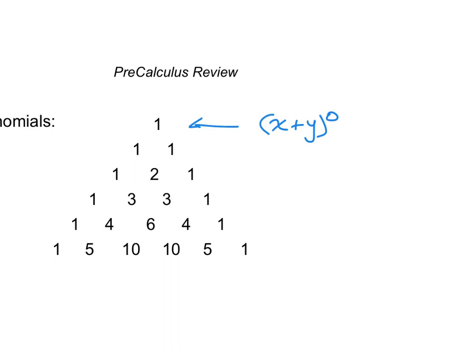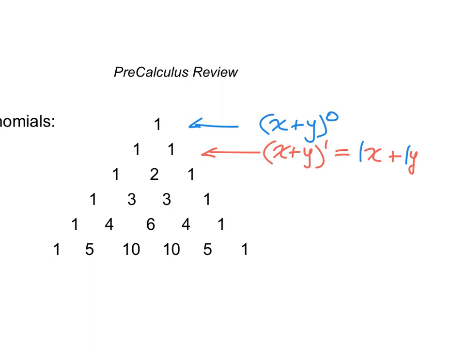Now, if I were to take x plus y and raise it to the 1st power, I would get x plus y, which is not 1 and 1, but the coefficient of x is 1, and the coefficient of y is 1. So that's where those numbers come from.